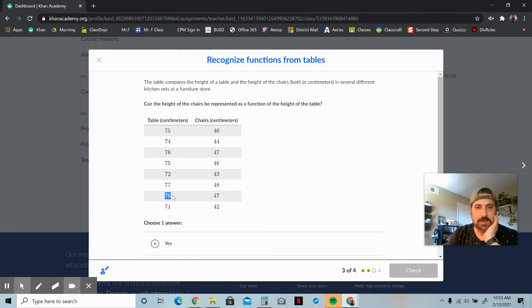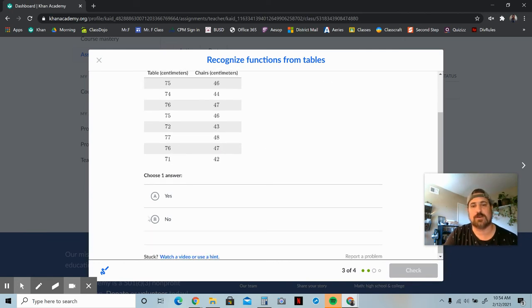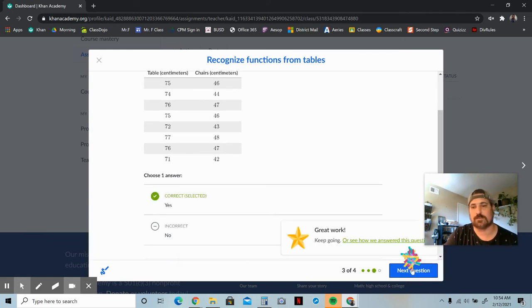The next time you input a 76, you better output a 47, and you do. Okay, so that's pretty good. I don't see any other duplicates. I saw the 76s that both have 47 as the outputs. I saw the inputs of 75 with the output of 46. I don't see any other duplicate inputs. So that means this is a function. So you could do this one as a function, yes.